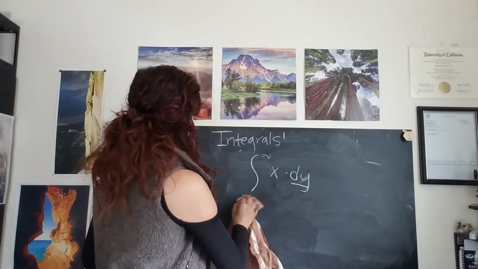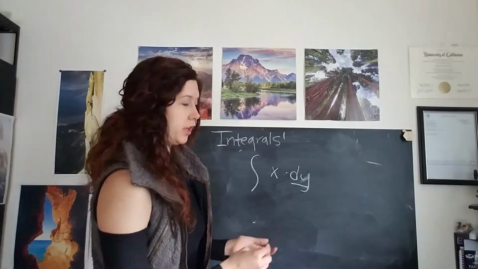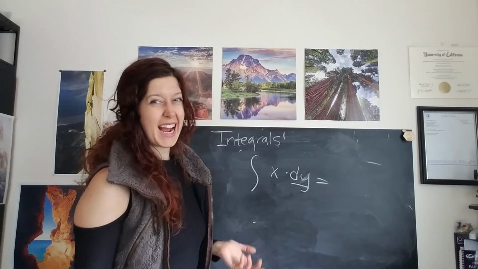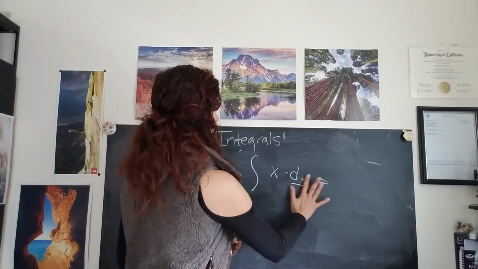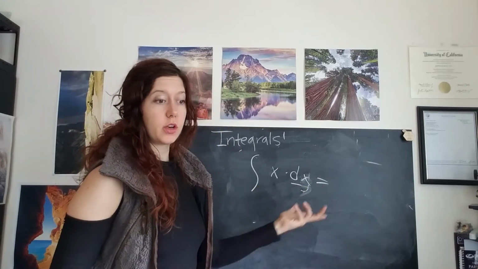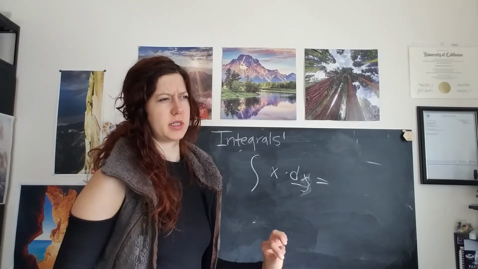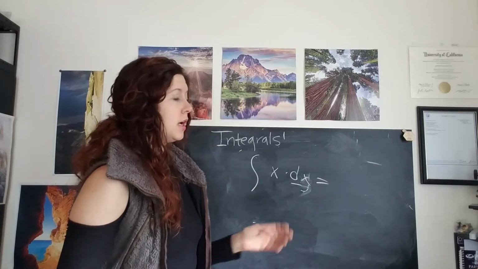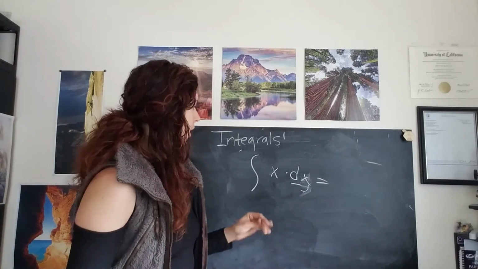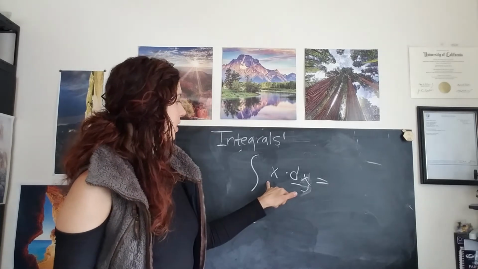Basically what that means is when you do the integral, you kind of leave it as is. So I'm going to put this back to dx. With integration, kind of like how division is the opposite of multiplication, integration is the opposite of differentiation.